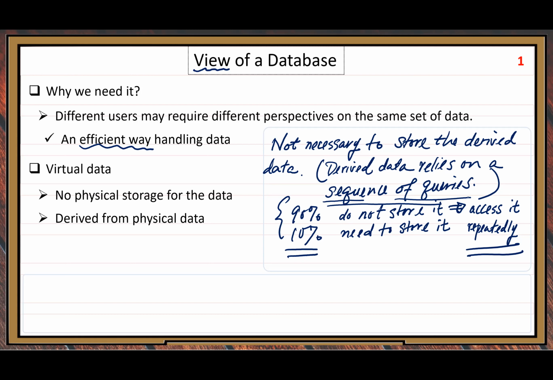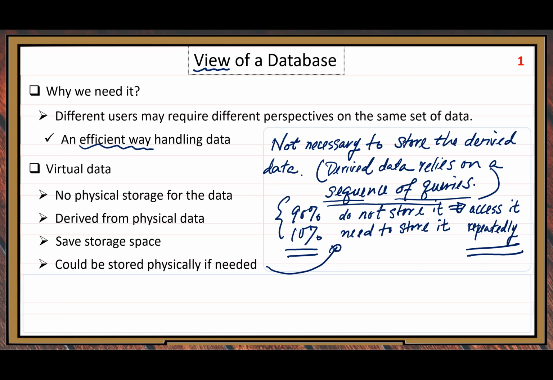But for this derived data, we just run the same sequence of queries, and now we can get that part back. Save storage space. Could be stored physically if needed. So that's this 10% case.